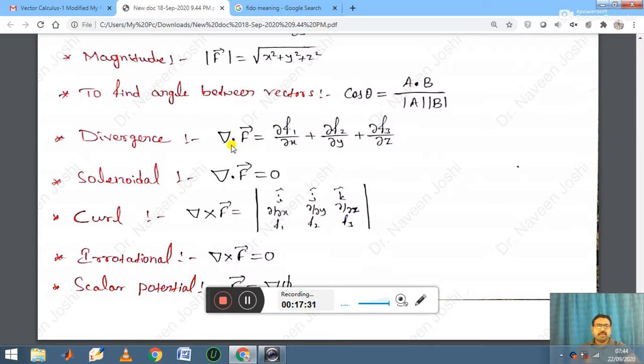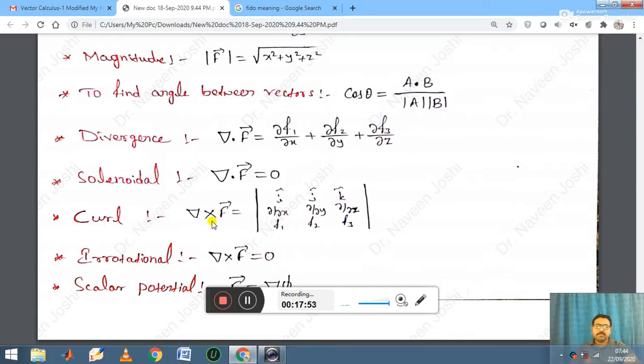The dot is very important here. Del dot f bar equals dou f1 by dou x plus dou f2 by dou y plus dou f3 by dou z. Next, solenoidal: if the same expression del dot f gives 0, then it is the definition of solenoidal.